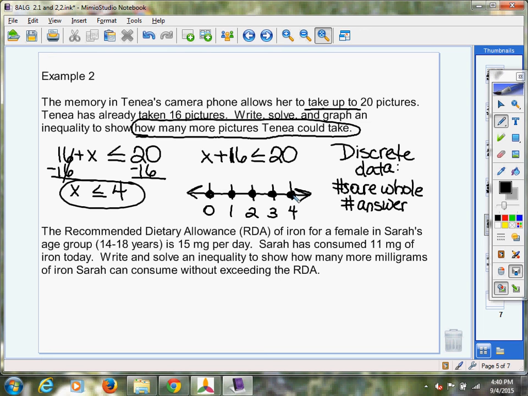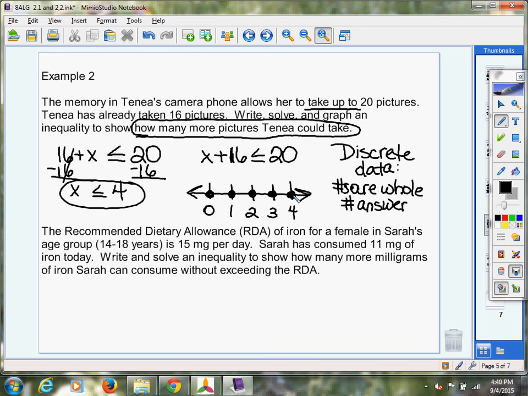So this would be an appropriate graph for a situation like this where you can't have partial pictures taken from a camera. You either take it or you don't. It's a whole number or it's not, okay? Because it is not going to be a decimal. You're not going to have a fraction amount of pictures there, okay?